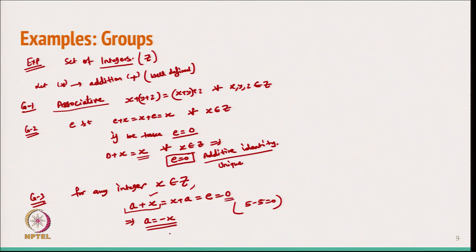And from here I can say that a is an additive inverse, and it is unique, because I know that the inverse of 5 is always minus 5 and no other integer gives the value 0.